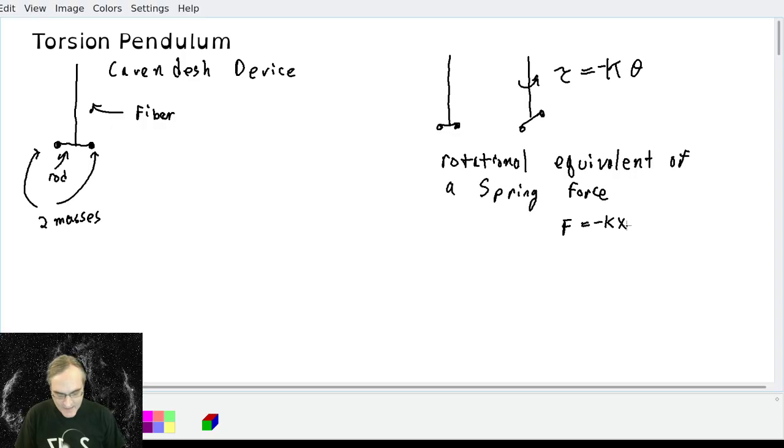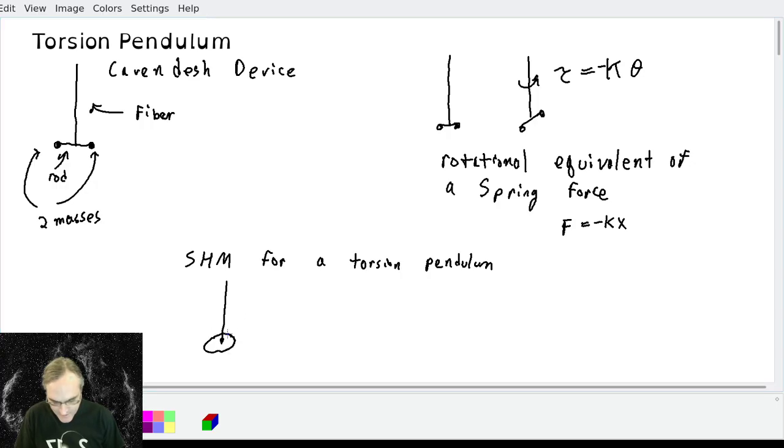So we can think about simple harmonic motion for a torsion pendulum. The way you think about it is pretty simple. You have a fiber coming down, connected to some object, and that object has a particular moment of inertia, and the fiber is defined by some particular value of kappa.